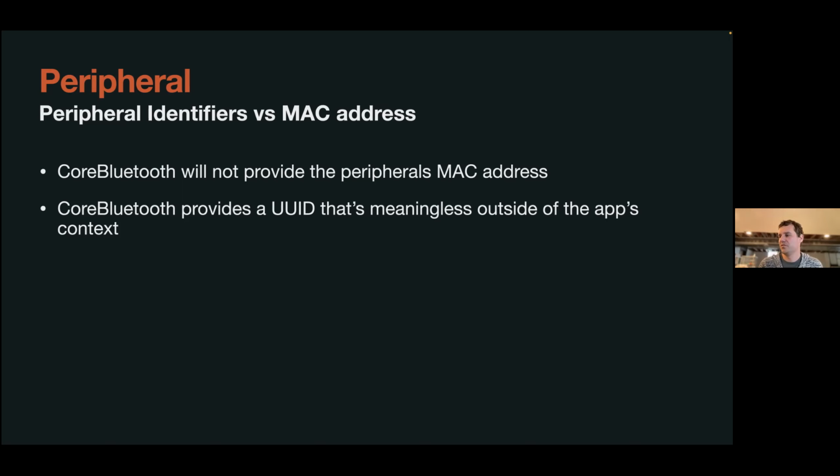As soon as you scan for that peripheral and find it, it'll generate a UUID for you. If you tell your backend, hey, here's the UUID of this peripheral, that's going to be useless to anyone. If some other app tries to connect to a peripheral with that UUID, it won't work.